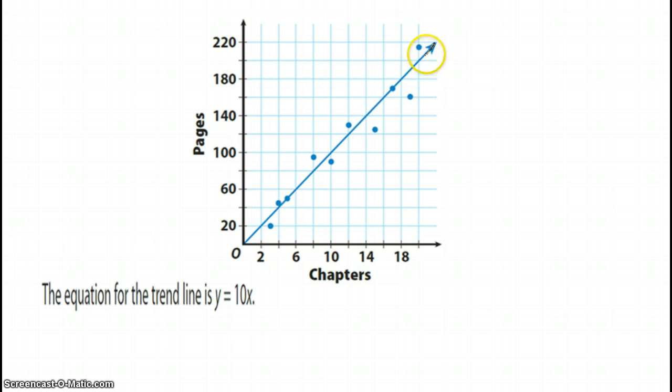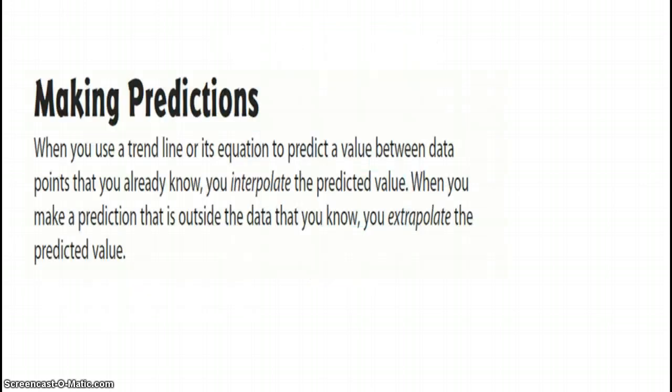We see it. There's a trend line to make us predict, but we know this data. So anything we do within this data, from 0 to 18 chapters, or from 0 to 220 pages, we say that we are interpolating the predicted value.